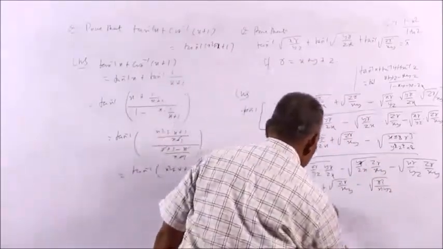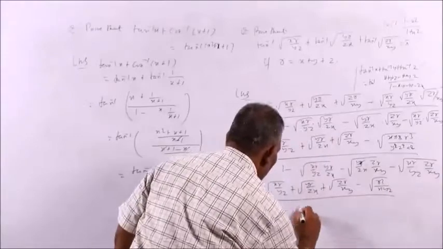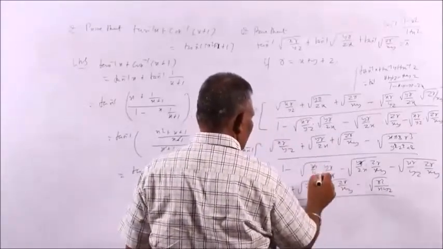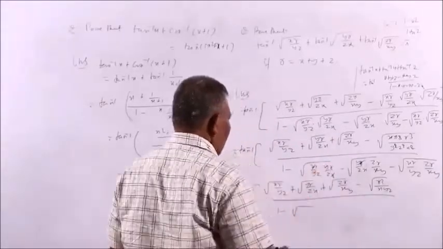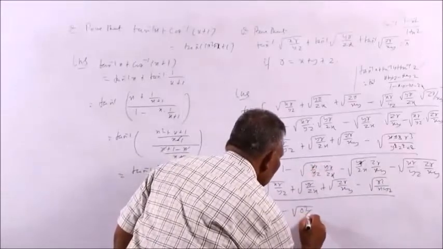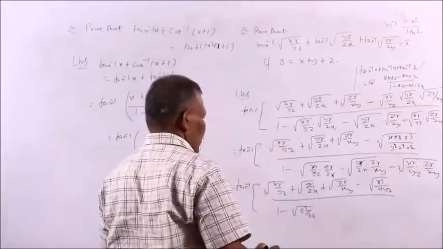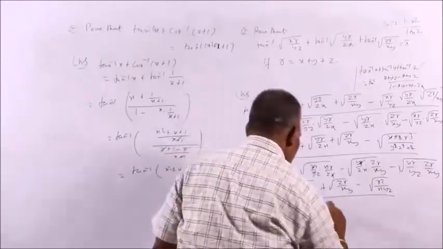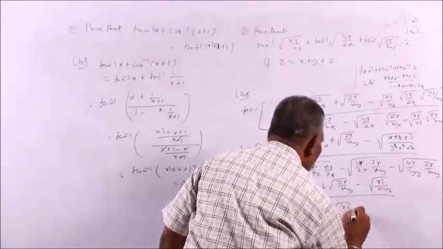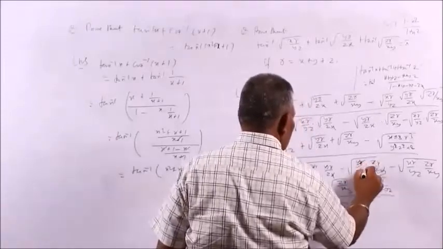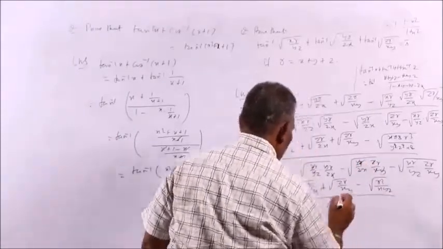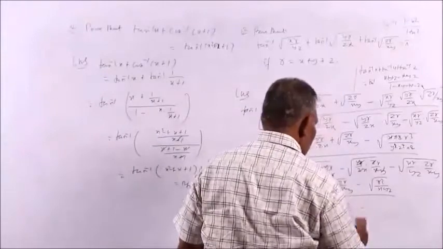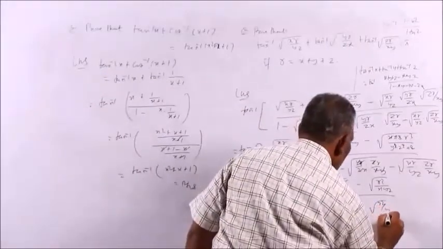In the denominator, 1 minus root over of, here we can cancel x, y, that is root over of r square by z square, minus root over of r square by y, cancel z, cancel by x square, minus r square by y square.